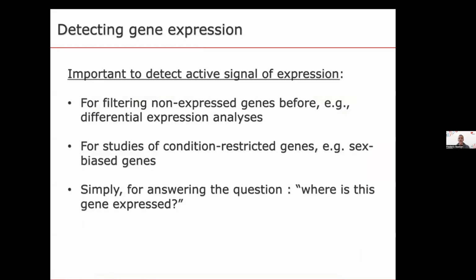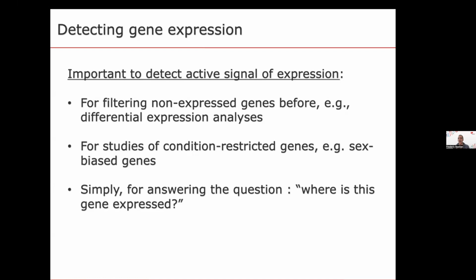So why would we like to detect signal of active expression? First, like in differential expression analysis, for instance, there is often a first step of filtering the non-expressed genes, the genes that receive 0 count or that are so lowly expressed that you cannot really distinguish their gene expression variability. So it is often a first step in transcriptomics analysis to filter genes that are not actively expressed.